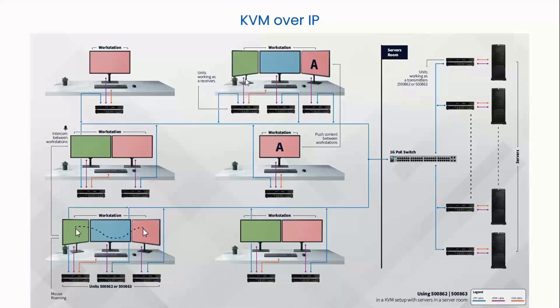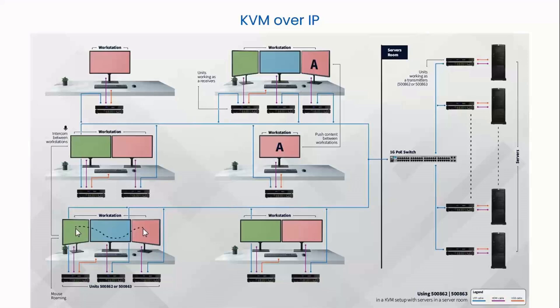You can create video walls of the workstation screens themselves. So you've got here a 1x1, a 1x2, a 1x3. I can go up in rows as well, so I can create an X by Y arrangement of screens. Each screen can support up to 9 servers at the same time in a multi-view arrangement.